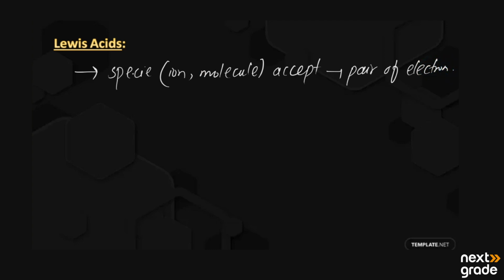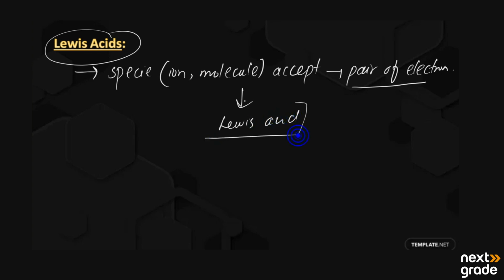So the substances that can accept a pair of electrons are known as Lewis acids. So we just have to look at the pair of electrons. If any substance is going to accept a pair of electrons, then it is known as a Lewis acid.